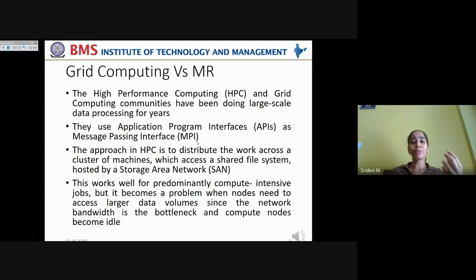Because the data has to be transferred between different machines in the cluster in order to consolidate them at one place and perform the processing. So the data will be transferred in this architecture from one machine to another machine in the cluster. This utilizes lots of bandwidth, and it creates bottlenecks in the bandwidth utilization.